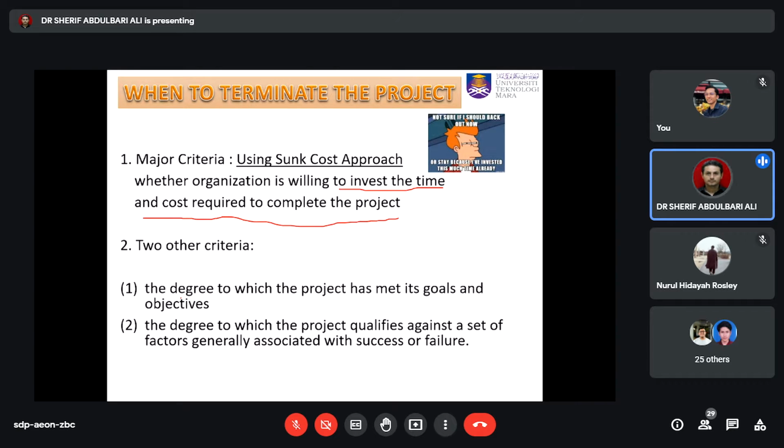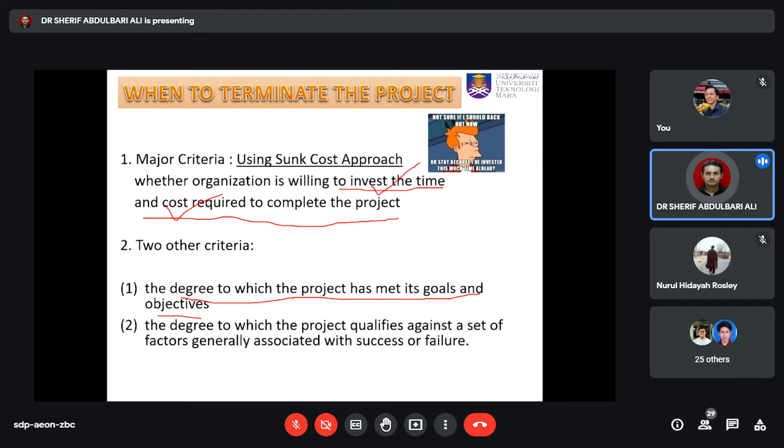They are going to look at the degree to which the project has met its goals and objectives. If the degree of achieving the goals and objectives is really high, and the organization is willing to invest extra time and extra cost, maybe they will choose not to terminate the project.